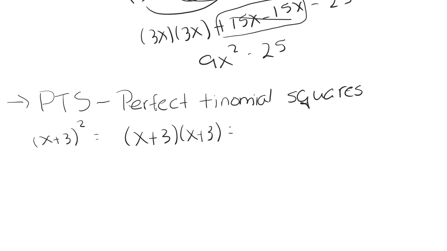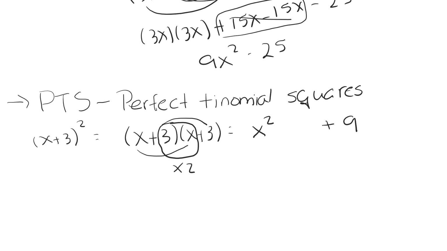Okay? This one says that you square the first term and square the last term, and then you multiply these two together and multiply that times 2.